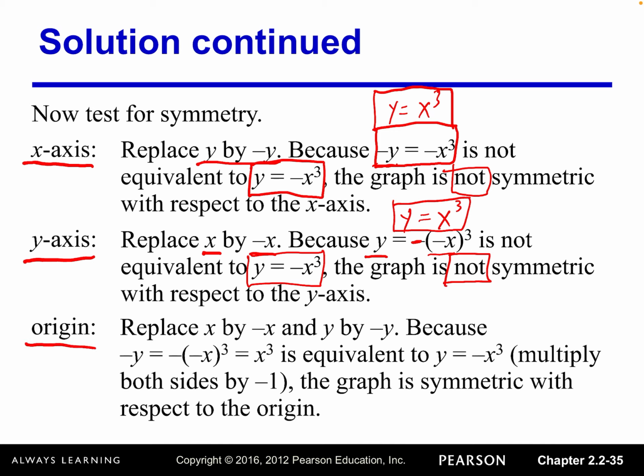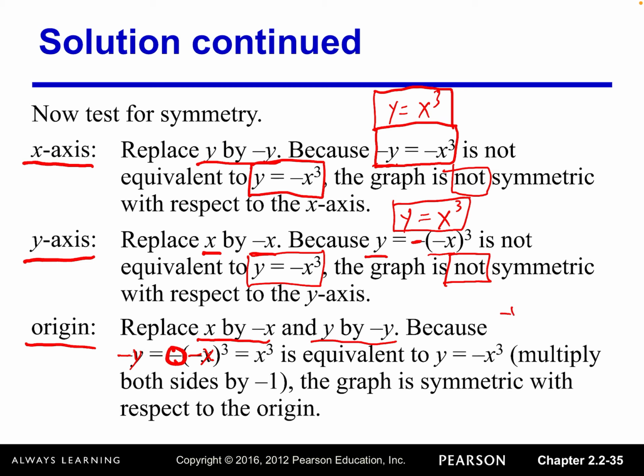And then testing the symmetry property with respect to the origin, we need to replace both x and y by their negatives and plug into the equation. So replace y by negative y, replace x by negative x, and simplify. On the right-hand side, negative x to the third power, so we have a negative sign coming outside, and it cancels with the other negative sign outside, right?